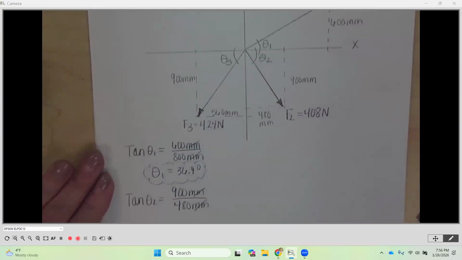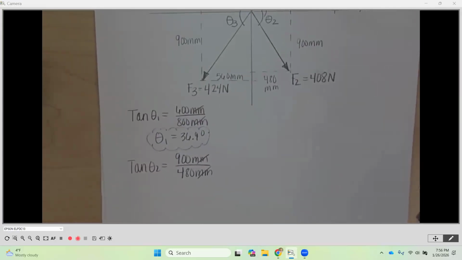Millimeters cancel, right? So theta 2, what do you get? 61.9.